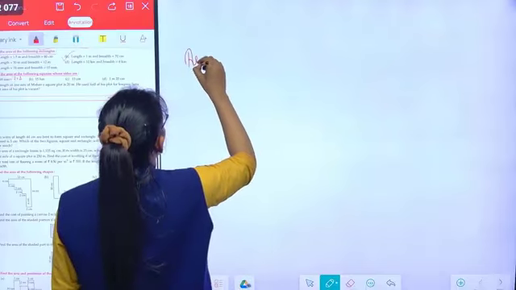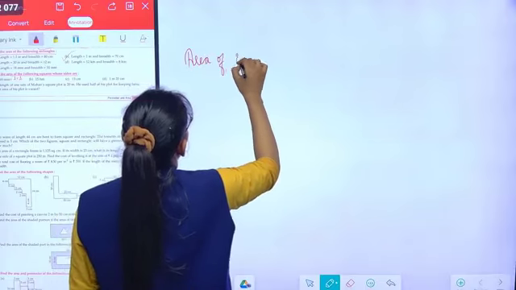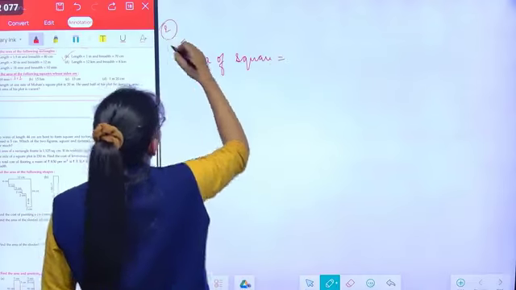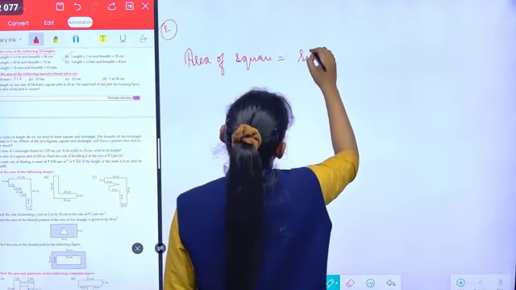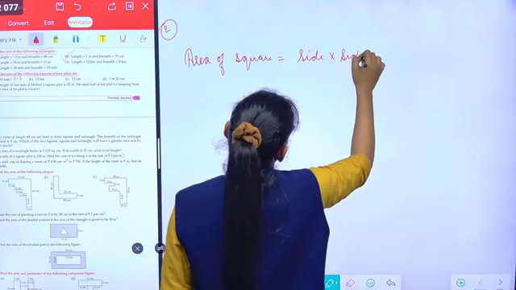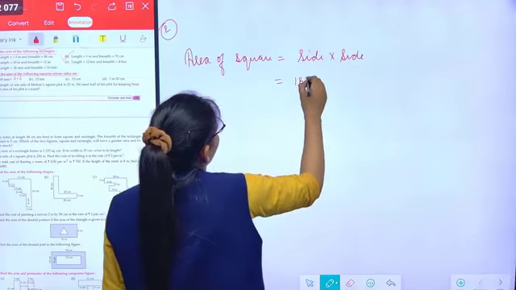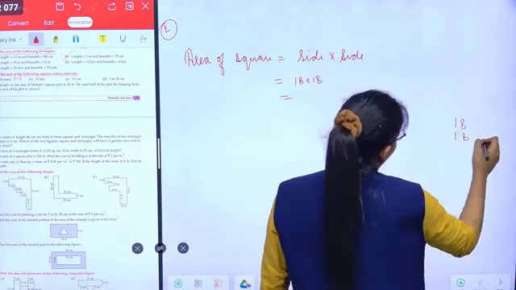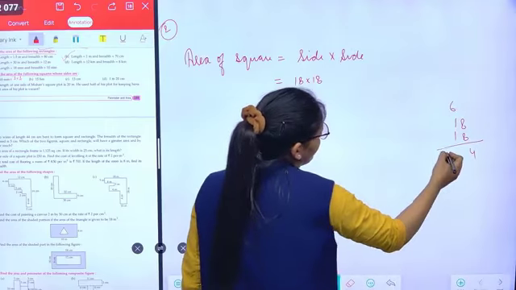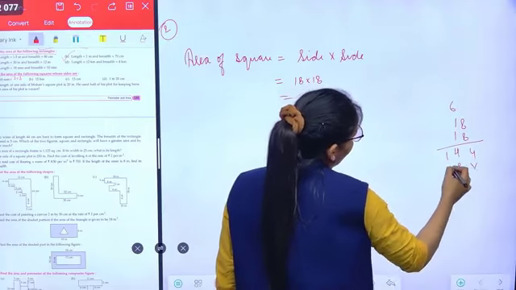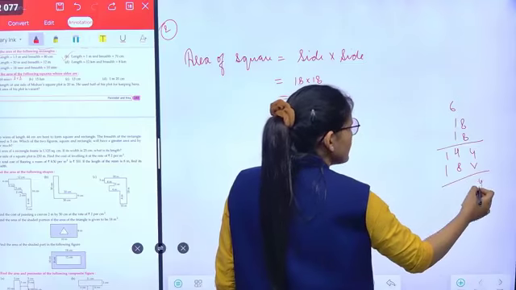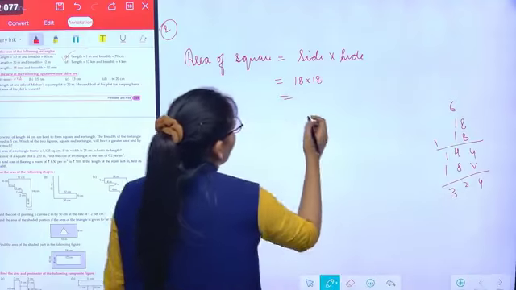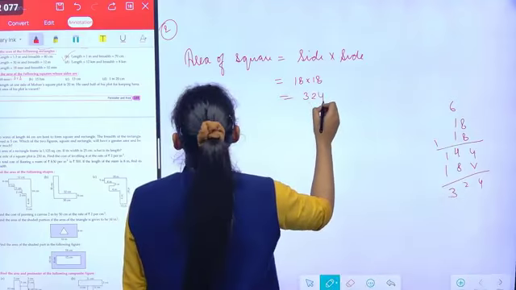Now class, area of square, side multiply by side, 18 multiply by 18. 8 eights are 64, 6, 8 sixes are 48, 144, 8, 1. Now class, 8 and 4, 12. Now 324.